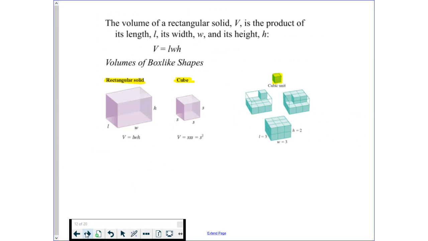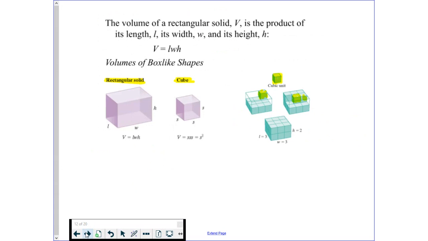So to be 18 cube of whatever unit you have, if it is meter, you will have 18 meter cubes. So you can see physically, you can put 18 of them inside. That's basically what volume is.